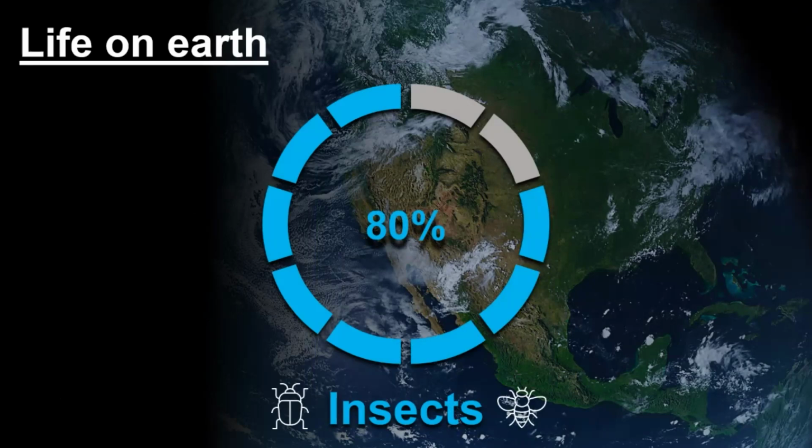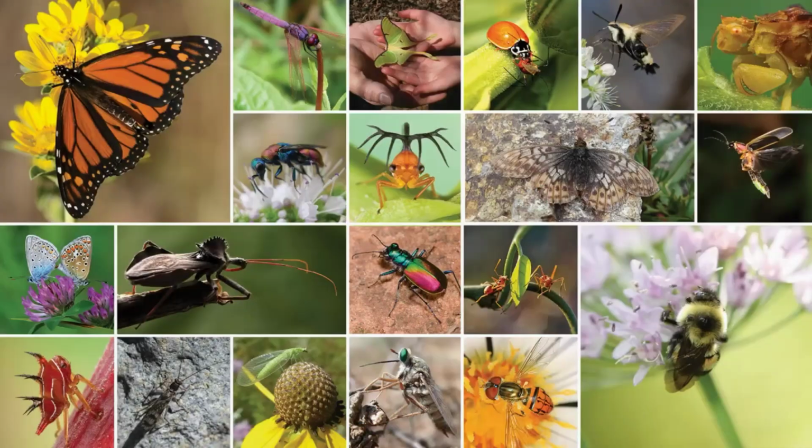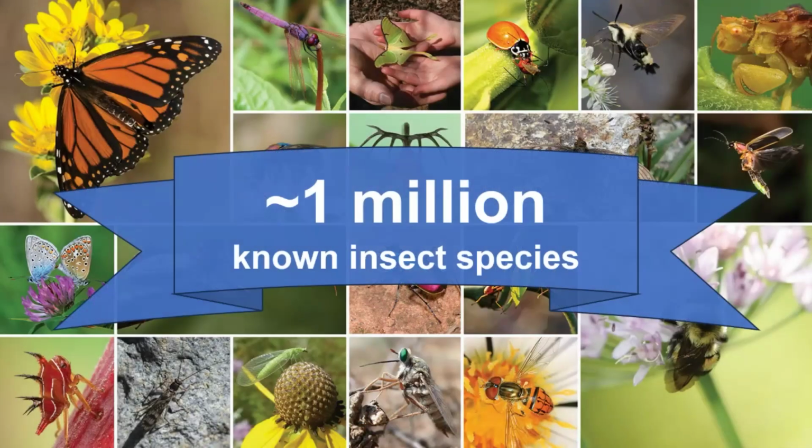And insects make up 80% of all life on Earth. So they're very abundant. Whether we know it or not, they are all around us. And a lot of our insects are pretty small and do go unnoticed. Now, they're not only very abundant, but they're also extremely diverse. So far, the ones that we have discovered and described are approximately 1 million insect species.